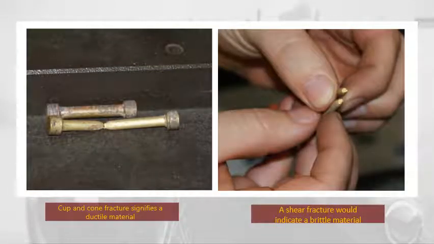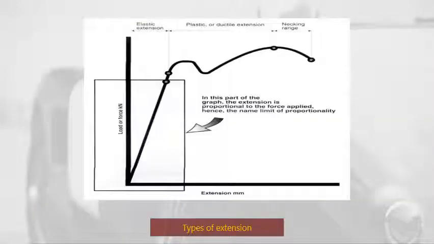You can also see here the cup and cone fracture, which signifies a ductile material. A shear fracture would indicate that the material is a brittle material. We can also find here the types of extension under the stress strain curve.